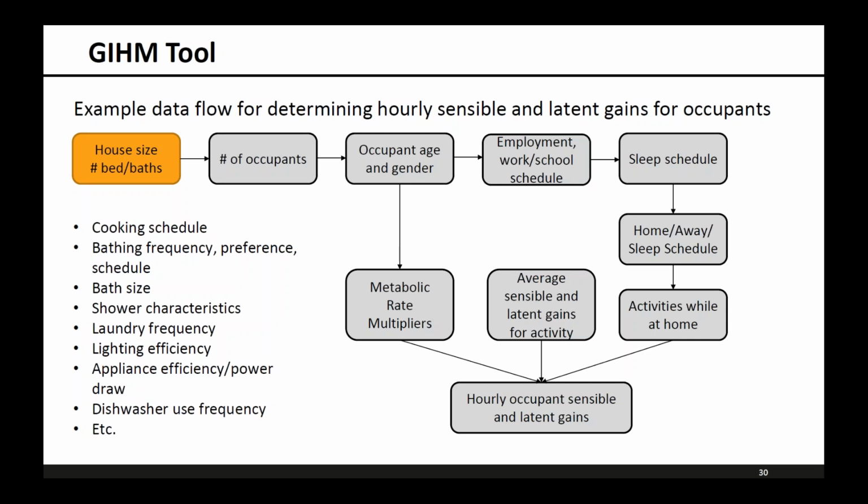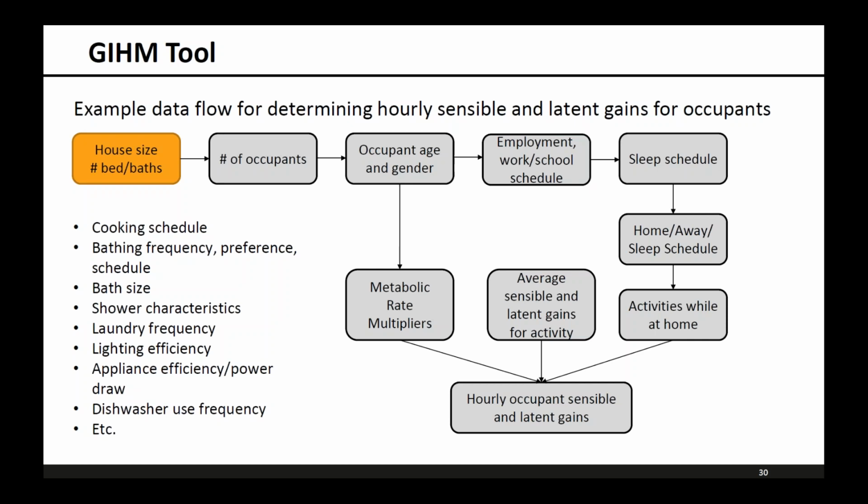So the initial input into the tool is the house size and the number of bedrooms and bathrooms. And from that, we have distributions of the number of occupants from the Residential Energy Consumption Survey that allows the GIM tool to pick the number of occupants based on statistical distributions for the house size.